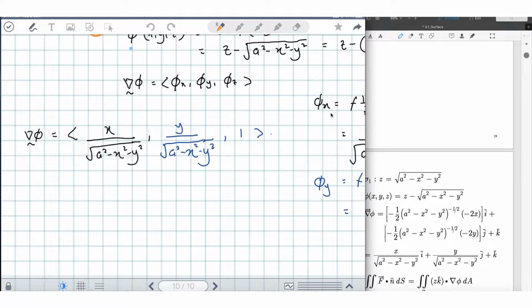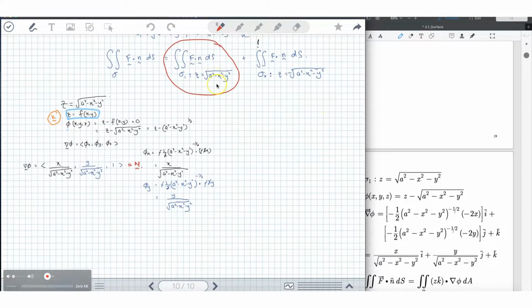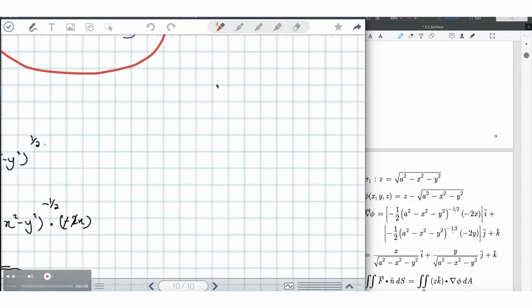So we accept this to be our n, because it is already positive. We don't bother about the sign of any other components, only component z or k. It is already positive, and this is our n. So now from this one, we can obtain the f dot.